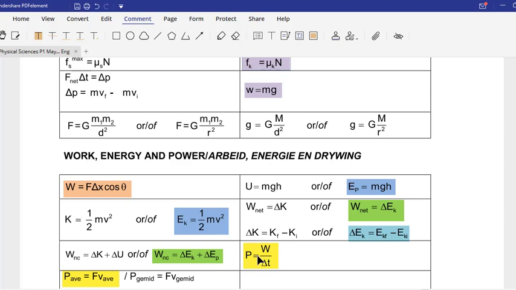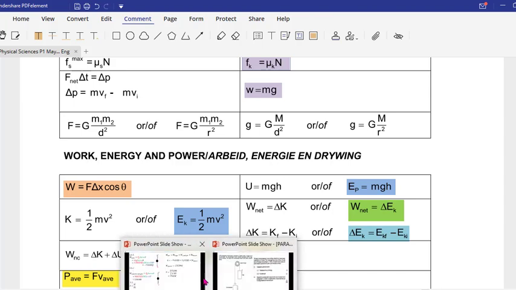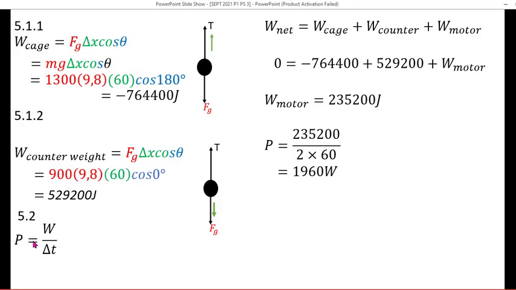So that is it. And we go and then say power developed by the motor is equal to work done by the motor divided by time. And then to calculate the work done by the motor, let's remember that this system was moving at a constant velocity, and the total work, or the net work, is equal to 0.